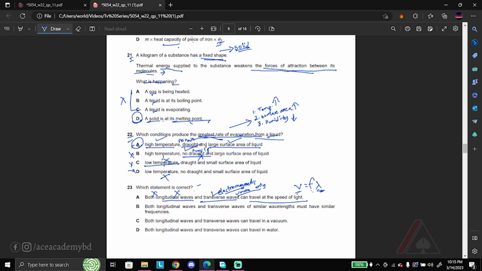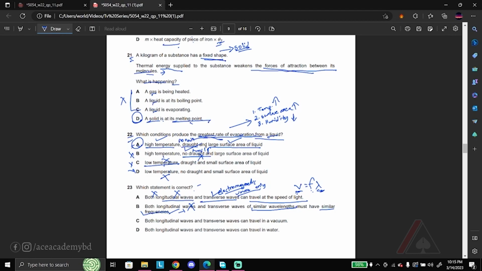So it's not necessary that waves with similar wavelengths must have the same frequencies. Frequency is often unique for each wave, and it also depends on the speed of the wave. And the frequency of waves usually remains unchanged unless the source is changed in one way or the other. So B is a correct answer.